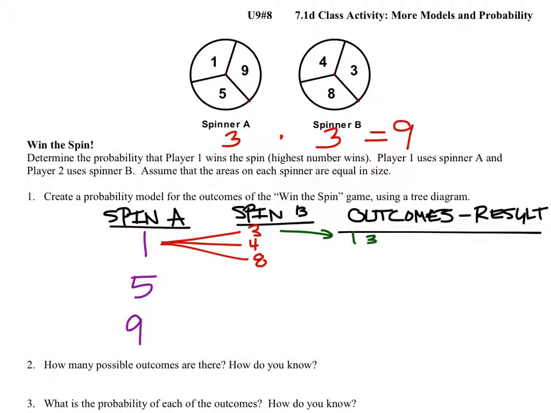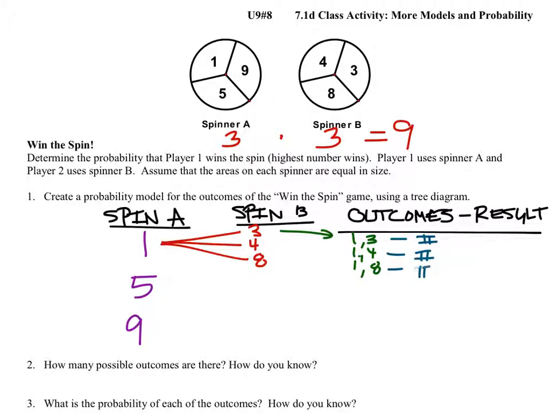That's a 1 and a 3, a 1 and a 4, and then a 1 and an 8. Well, if person 1 spun a 1 and then person 2 spun a 3, who won? Person 2, right? What if they spun a 1 and then a 4? Then who won? Still person 2. What about a 1 and then an 8?